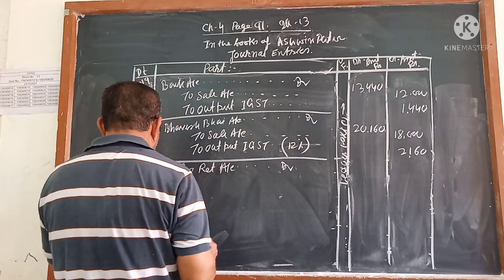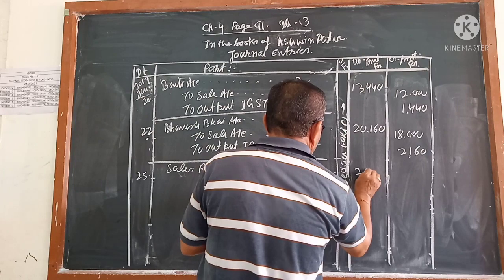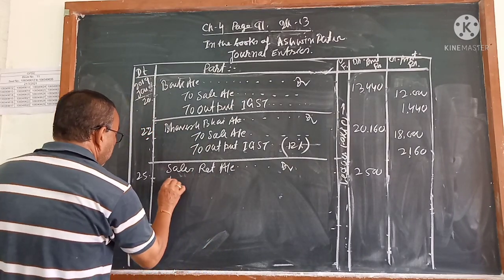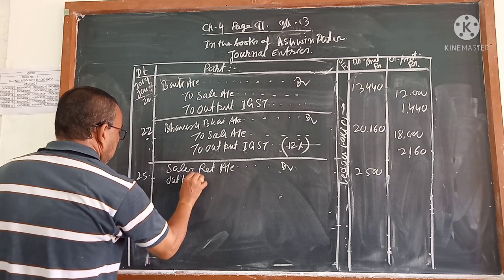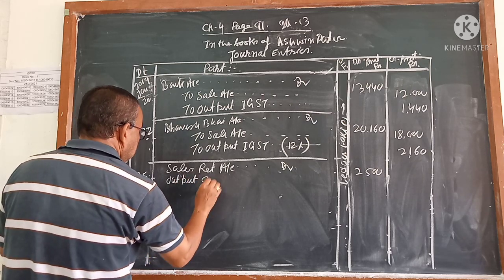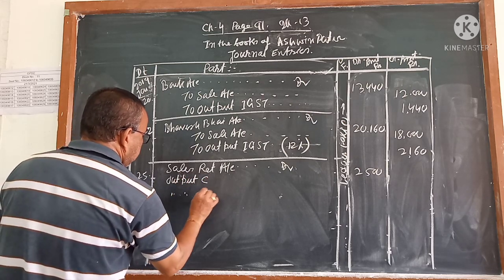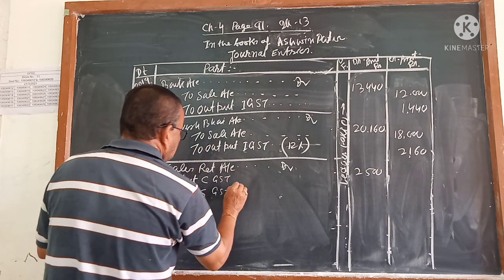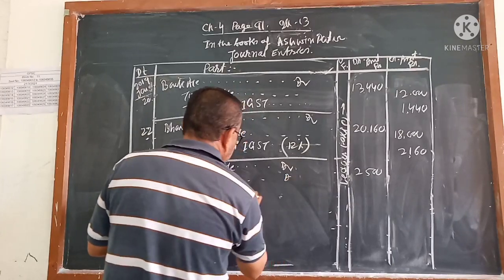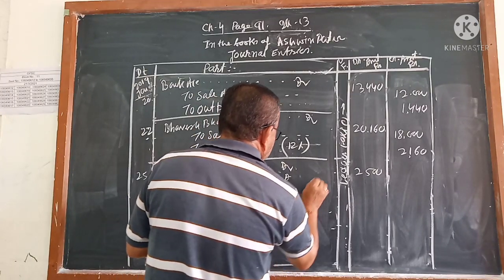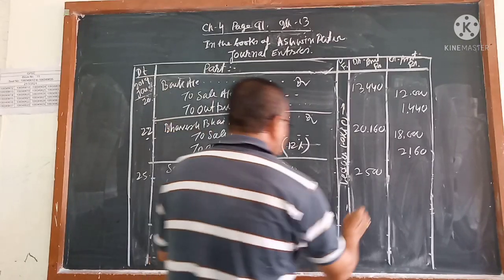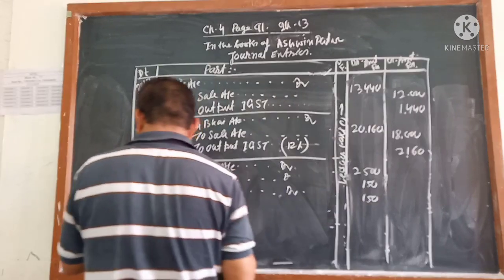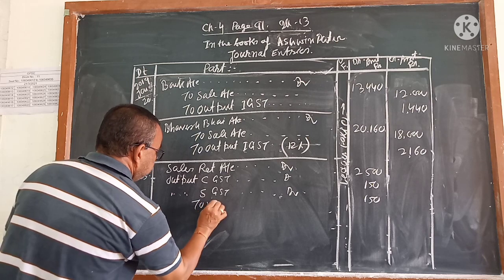First, sales return account debit 2,500, cost of the goods. Or output central GST or output state GST account debit. How much will come? 150. How much percentage? 6%. To Vinod Bhai.